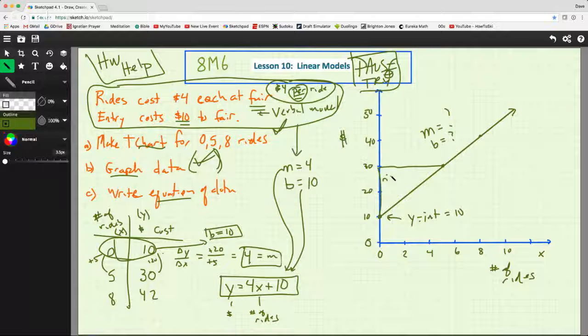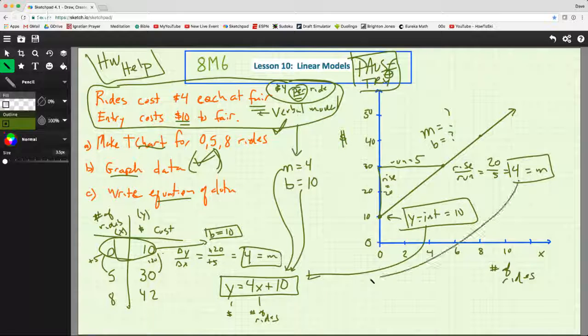Our rise equals 20, and our run equals 5. We went from 0 to 5. So our rise over our run equals 20 over 5 equals 4. So that's our slope. So we could have done it from here, and then we could have come up with this same equation. Nice how it all fits together.